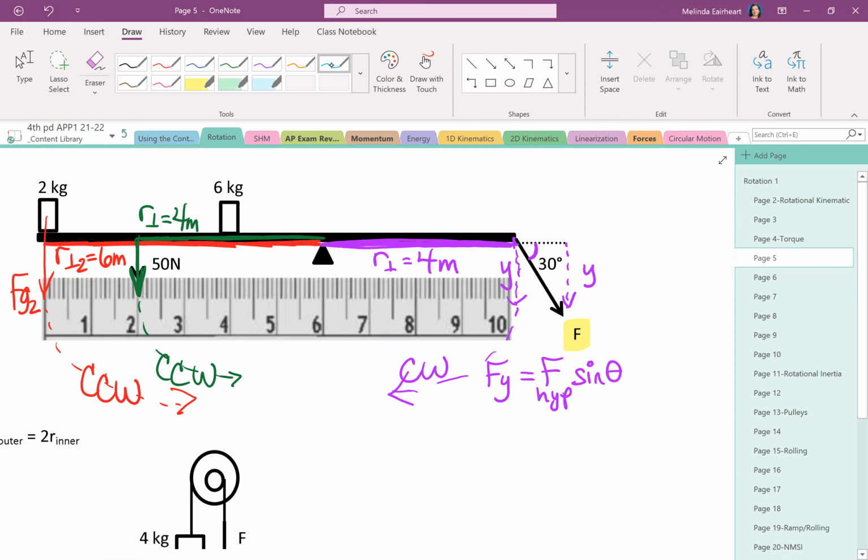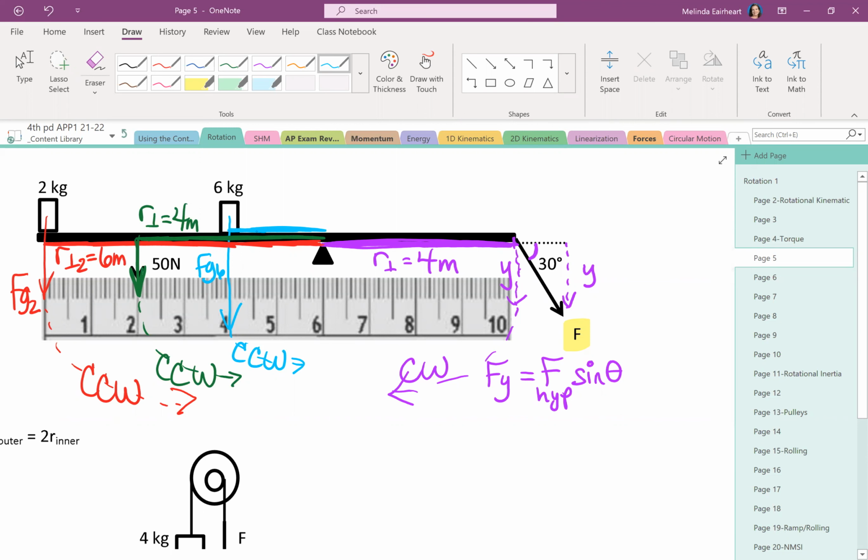And then we have the 6 kilograms. And so we've got a down force here. So F_G6 down on the left, counterclockwise again. You okay? Okay. And then the lever arm, I'm trying not to overlap them, but we're just going from that area, that line, that plane of the axis of rotation to the line of force.